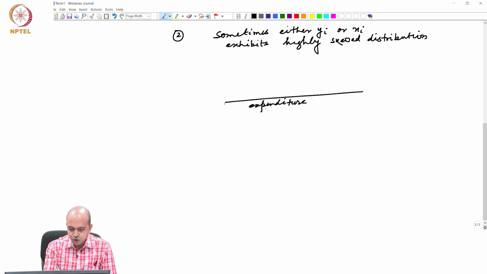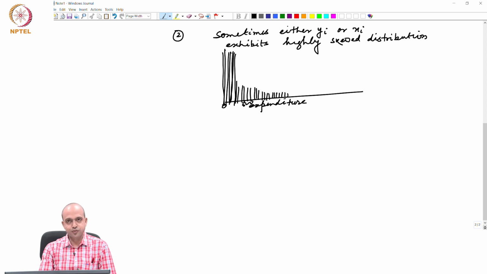So, what you will see is that this is, let us say, 0, then 500, then 1,000, like that. There would be huge data here, in this range, and then you see this type of distribution.